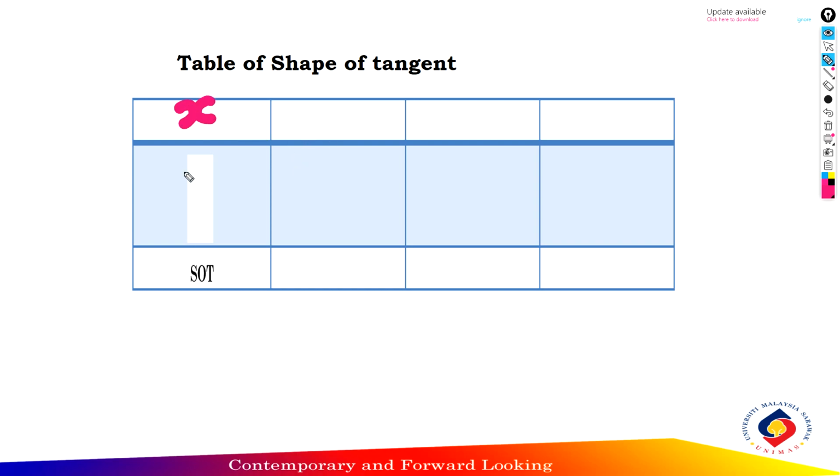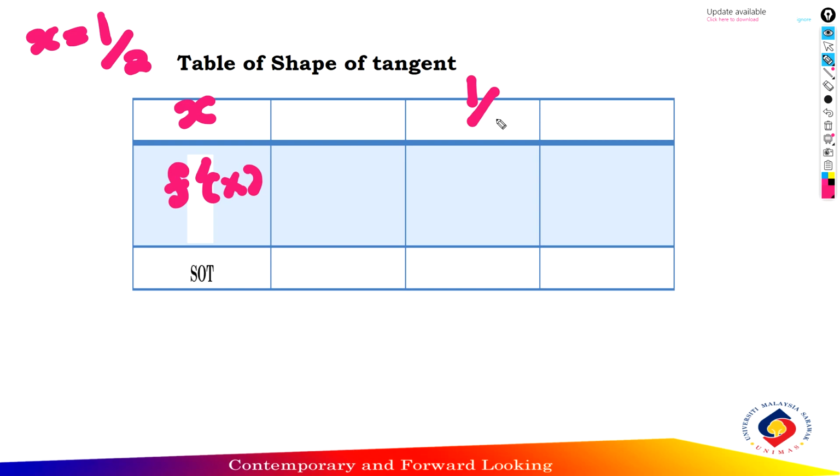And the second row you put the first derivative f prime of x, and the third row shape of tangent, s or t. The first value of x here equals 1 over 2. You put the value of x at the center of the table. You put here x equals 1 over 2.